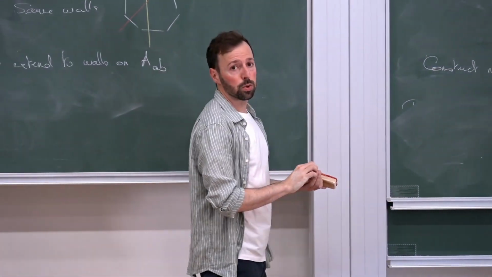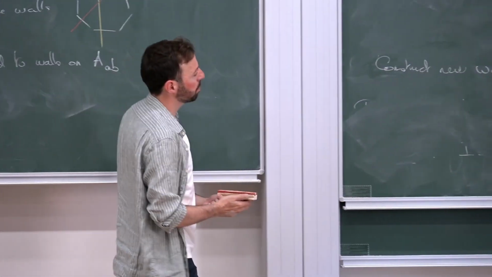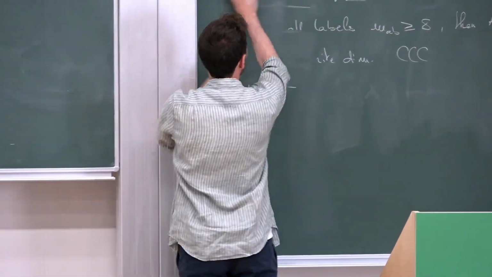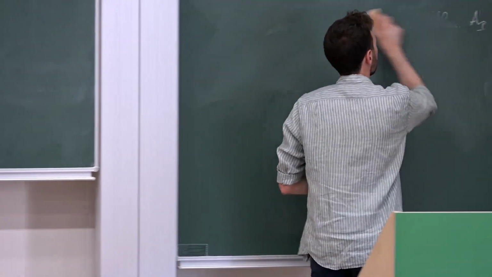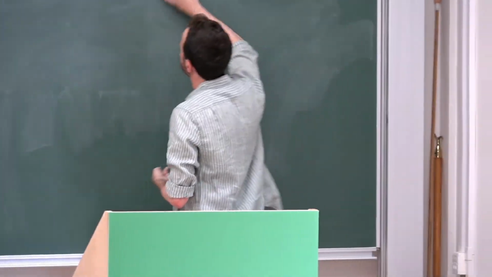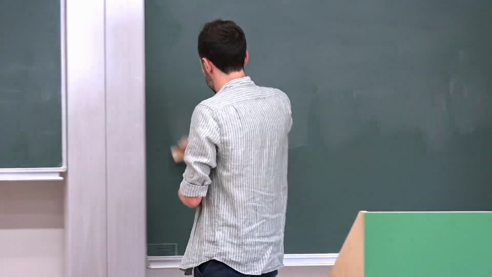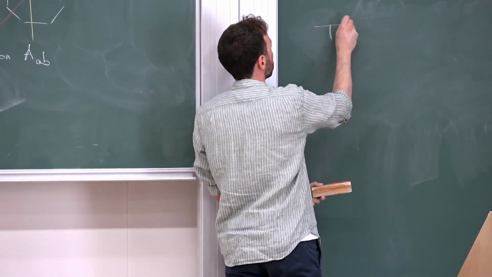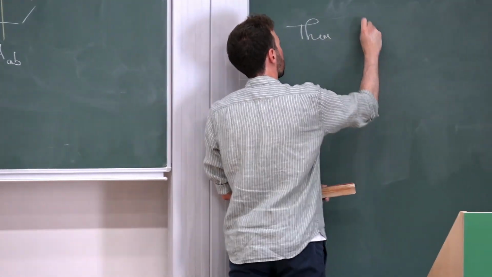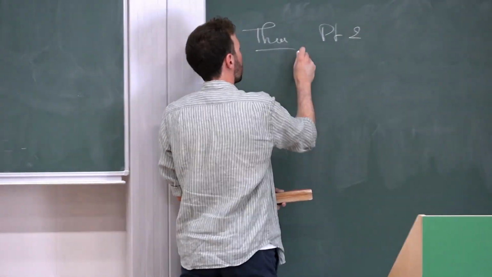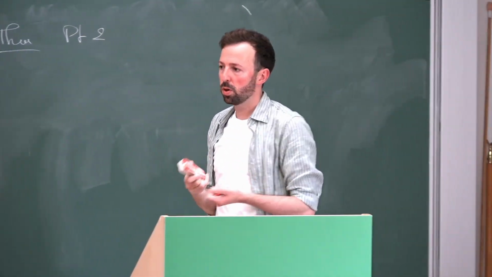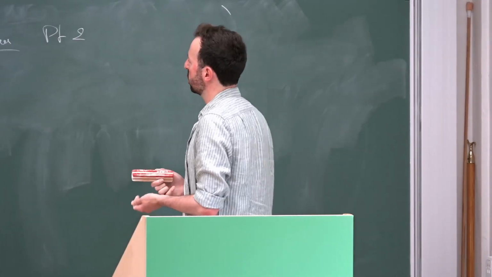So in the few seconds I have left, I'm just going to say something about the part 2 of the theorem: not just what happens if we have all labels at least 8, but allowing some labels that are equal to 2, so some commuting relations in our presentation.